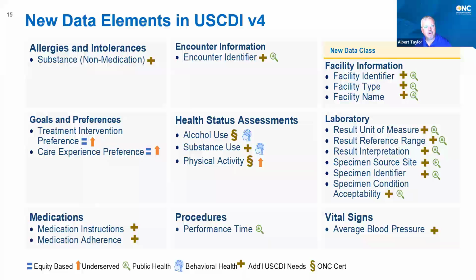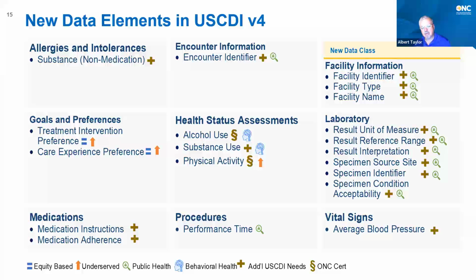This is just a real quick overview of the new data elements that we added in USCDI. I mentioned the ones that we did add. We had a significant expansion in laboratory data elements, which helps the public health reporting systems gain access to and help mobilize those data. New data elements in the facilities, medication data class, and then several new health status assessments.